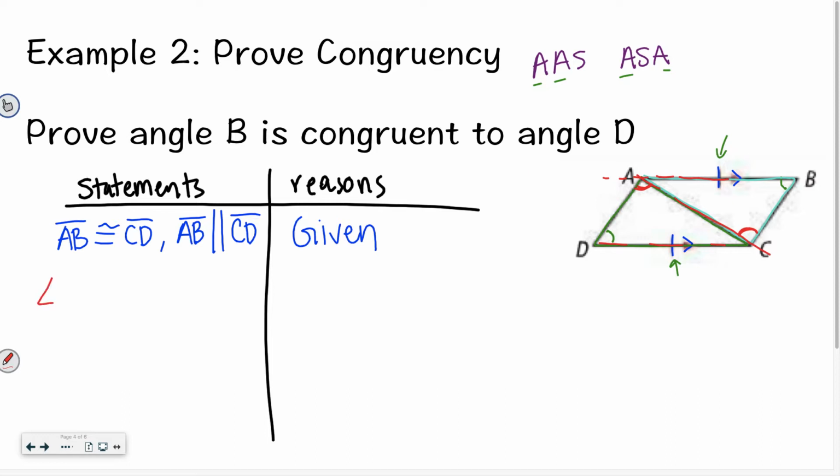So I'm going to call that angle DAC. I'm going to say it's congruent to angle BCA by alternate interior angles.